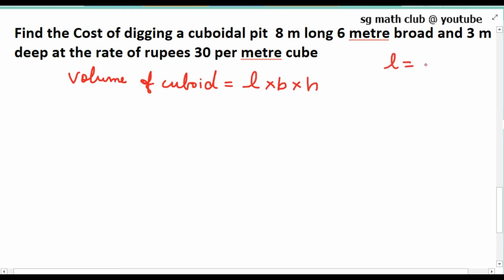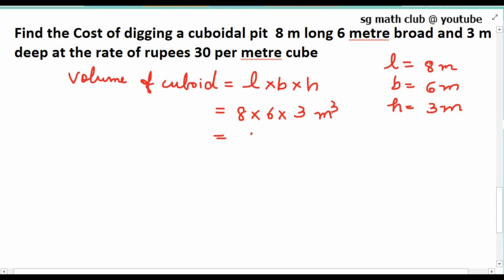Length is 8 meter long, then 6 meter broad, that means breadth is 6 meter, and 3 meter deep means height is 3 meter. Now we will substitute 8 into 6 into 3. So this much meter cube will be our volume of the cuboid.